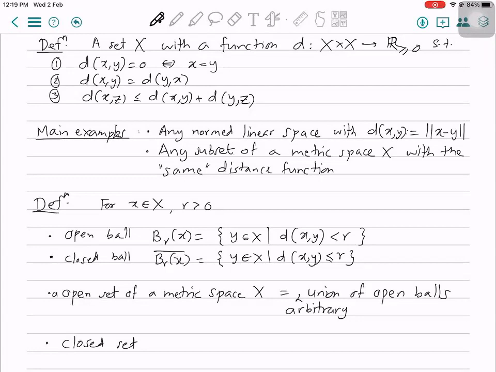But an arbitrary union of open balls is what I've called an open set. So a closed set is a set A such that X minus A is an open set. Okay.